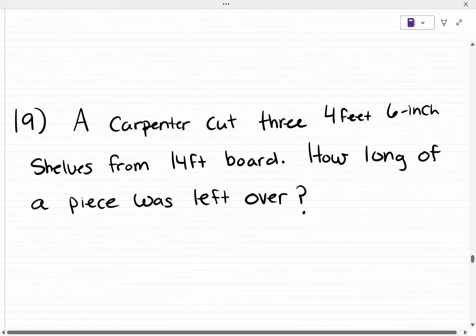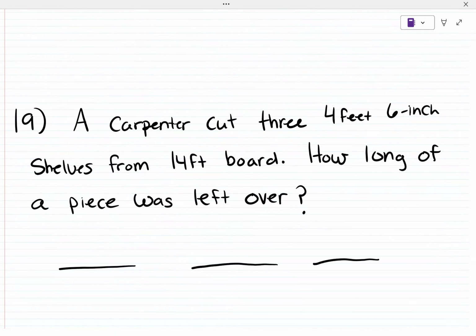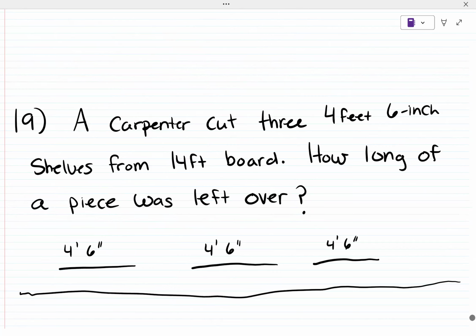Imagine you have 3 pieces, and each piece is exactly 4 feet and 6 inches. And they want to know what's the leftover from cutting it from this longer piece of board, which is a total length of 14 feet, right?